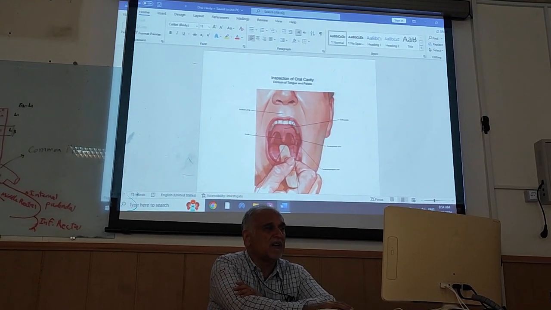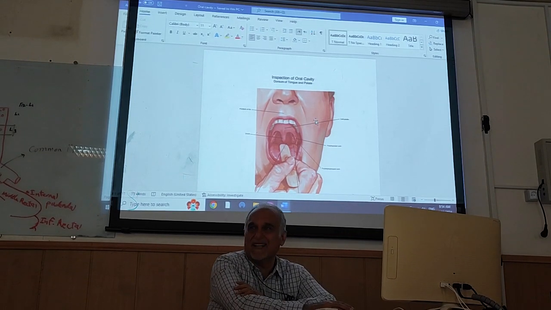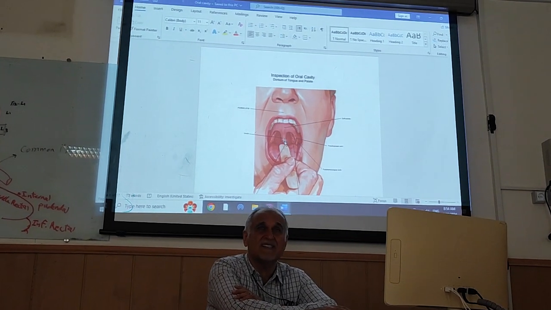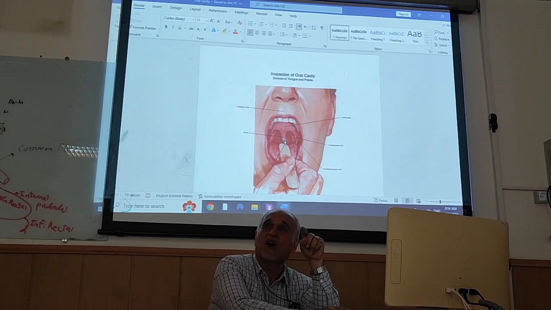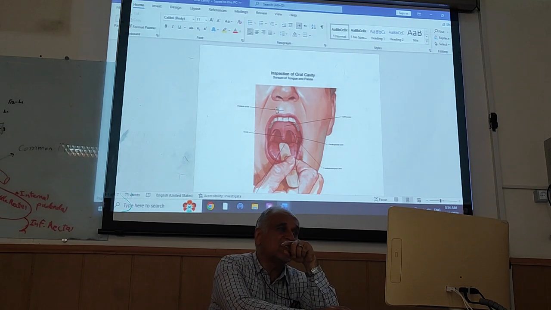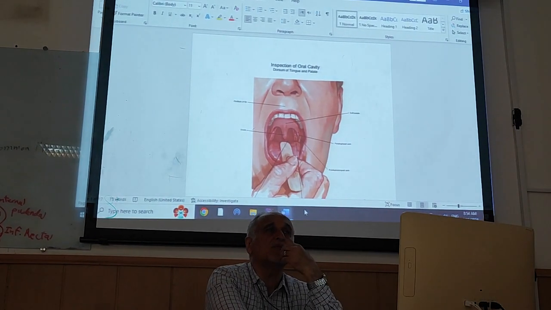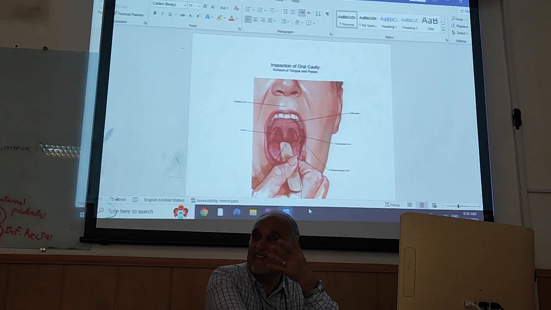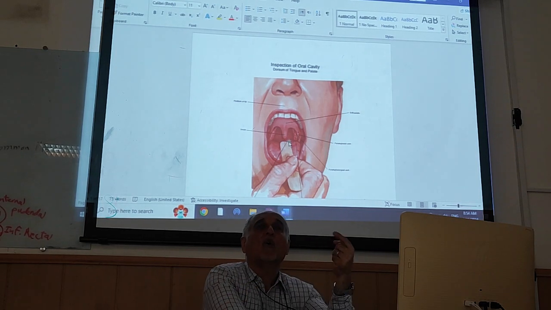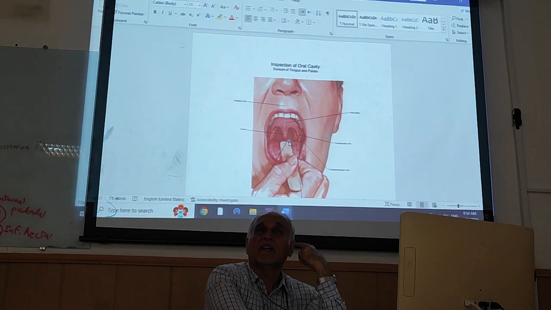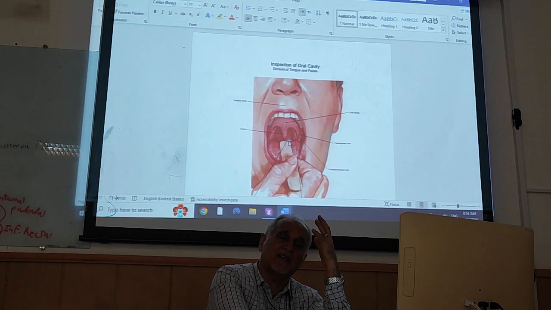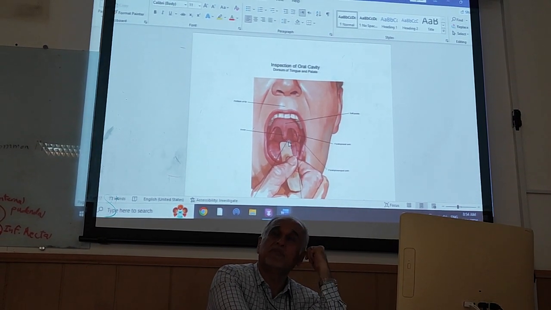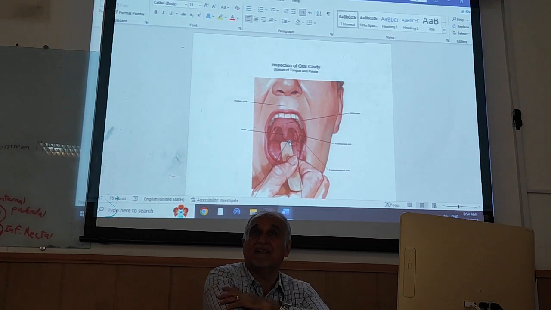This one is the anterior entrance of the oral cavity, and this is the most posterior orifice. The anterior one opens to the outside, to our face, and this one opens to the larynx and pharynx, I mean the duct that we have behind our oral cavity.